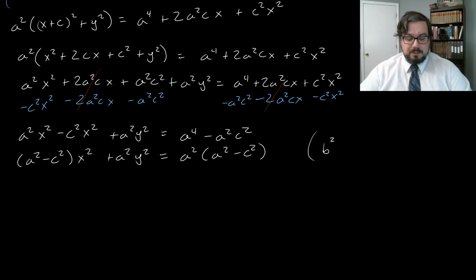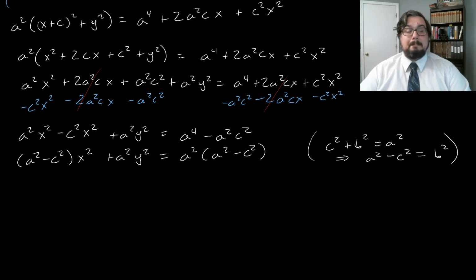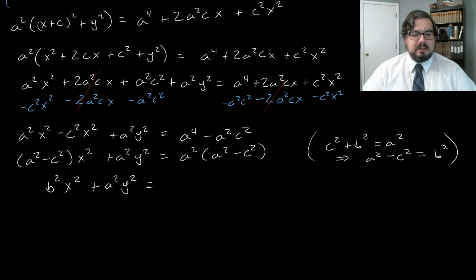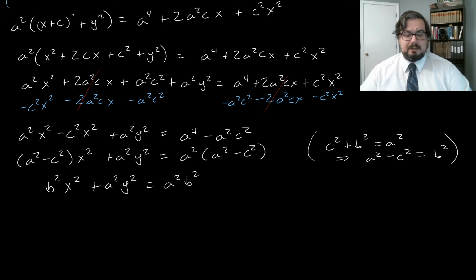Remember that we had that c squared plus b squared is equal to a squared, which means in particular that a squared minus c squared is equal to b squared, where b was showed where the endpoints of the minor axis were. Thus, we can simplify our expression to be b squared x squared plus a squared y squared equals a squared b squared.